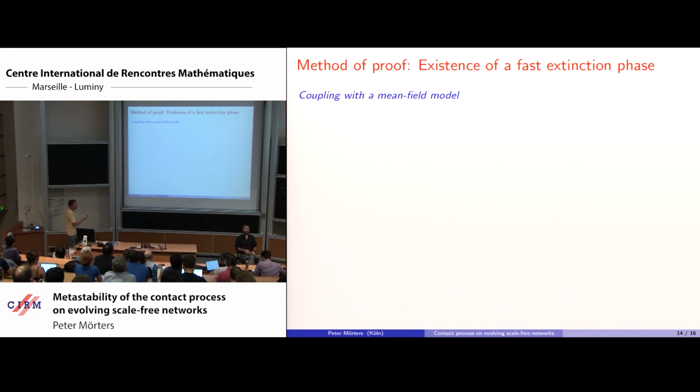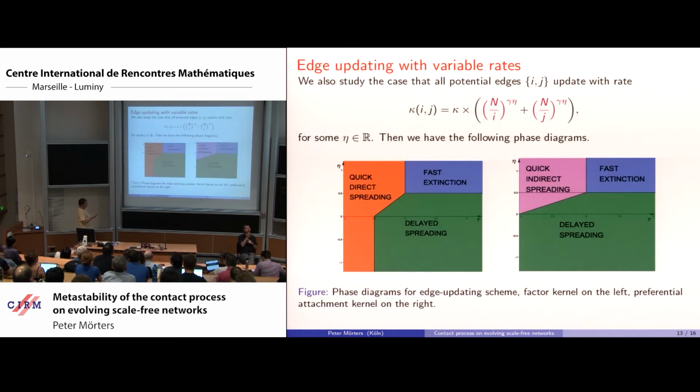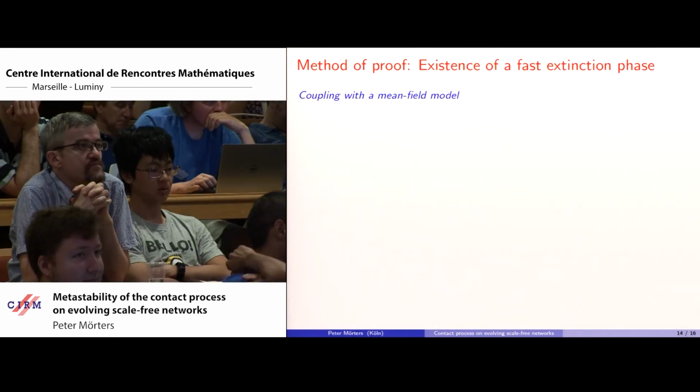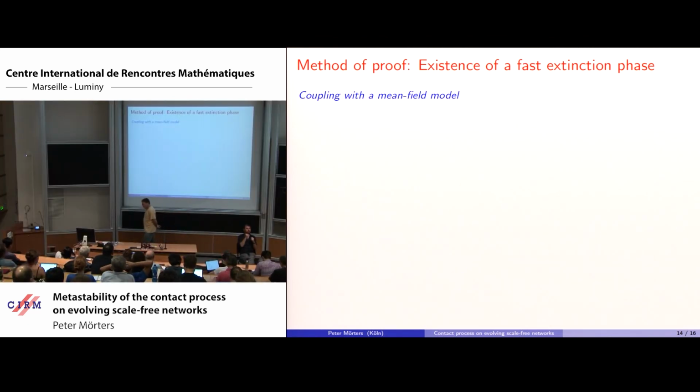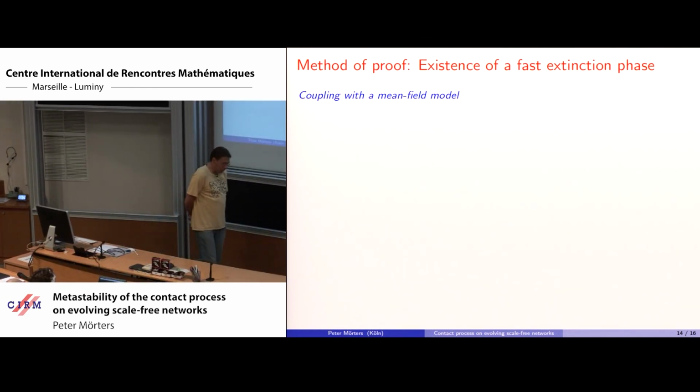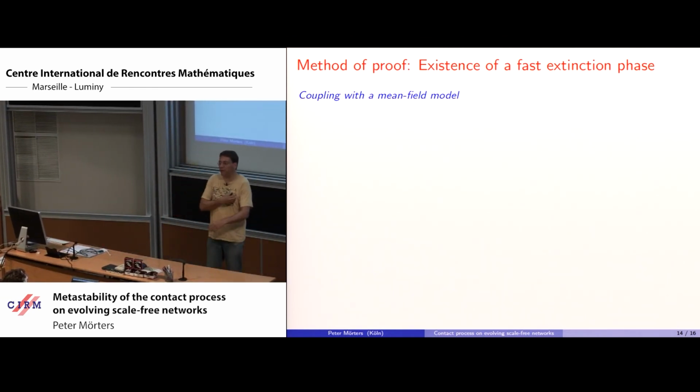so, right, 5 minutes for the proofs. So I've described these strategies, and if you believe in these strategies, this gives you lower bounds for the metastable densities by sort of rolling up your sleeves and showing that the strategies work, right?